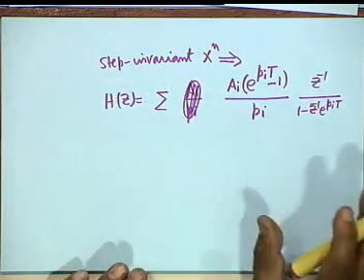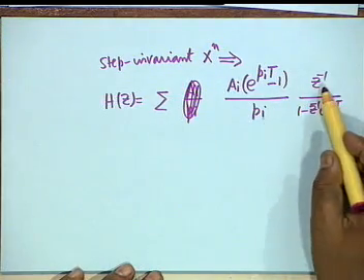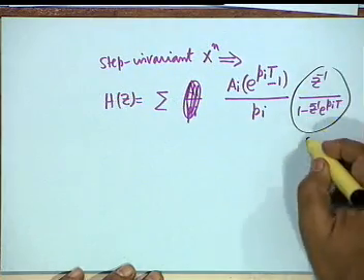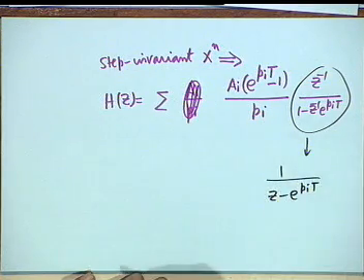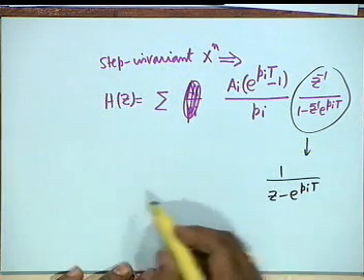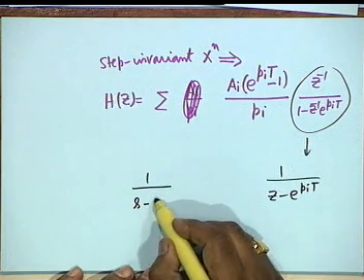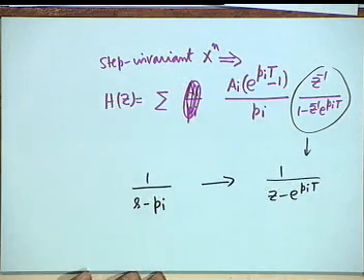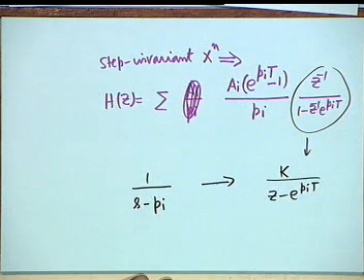Okay. Now as far as the z domain function is concerned, this is a constant. As far as the z domain function is concerned, you see this quantity can be written as 1 by z minus e to the pit, right? It has gone from 1 by s minus pi, 1 by s minus pi has gone as some constant multiplied by 1 by z minus e to the pit.